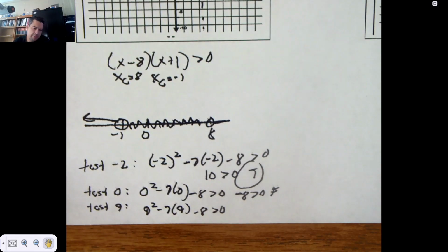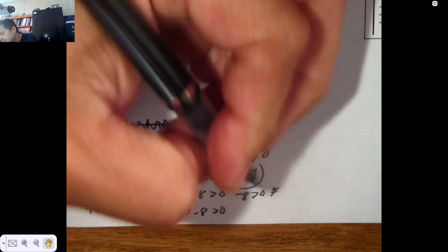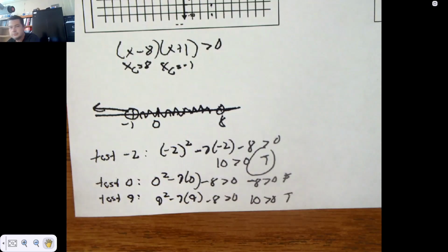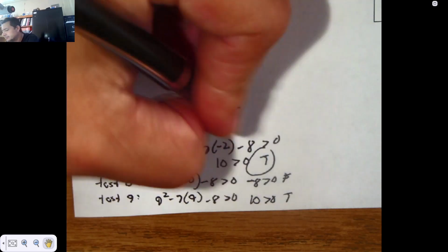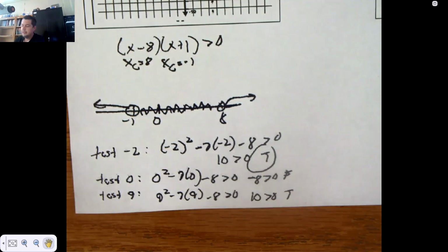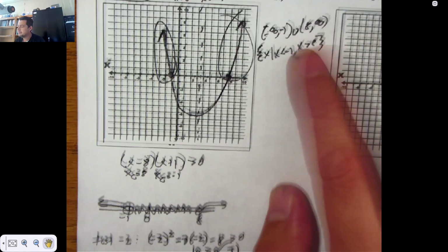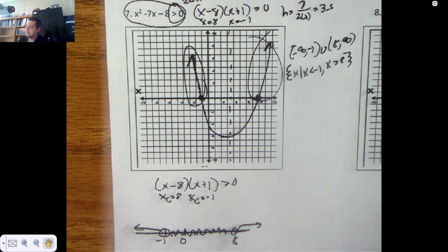That's 81 minus 63, which is 18, and 18 minus 8 is 10. So we have another true statement. And hopefully you can understand that the number line I drew is demonstrating that. You can do that, at least I hope you can.